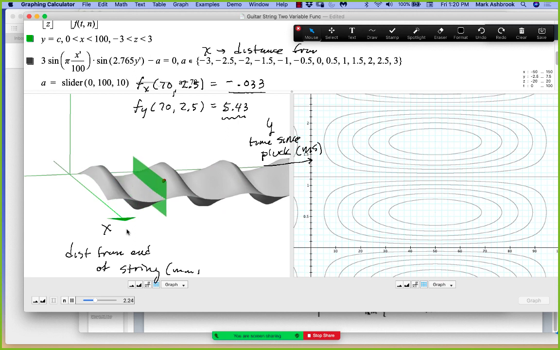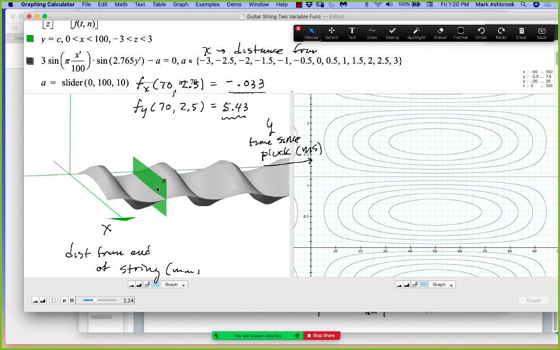Anyone see what you're looking at there? You watch the intersection of the two. This way is distance down the string, and every green plane is a moment in time.